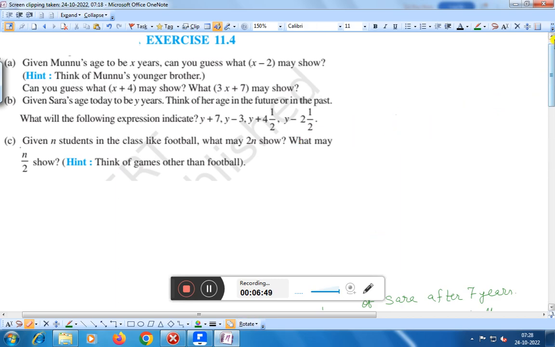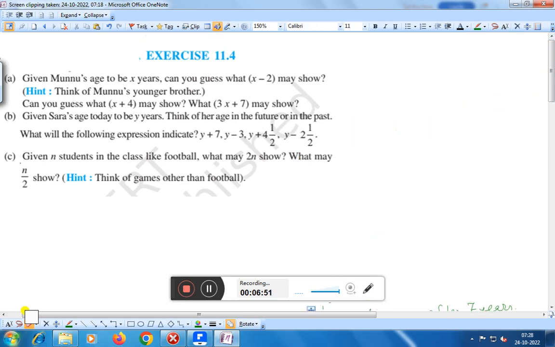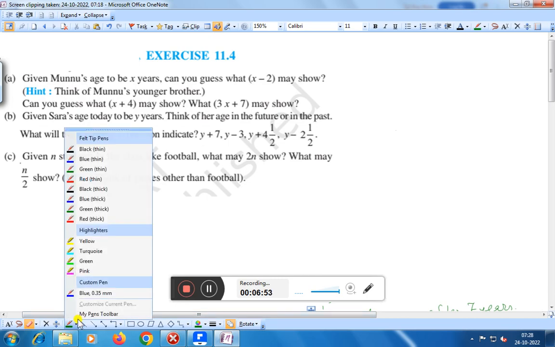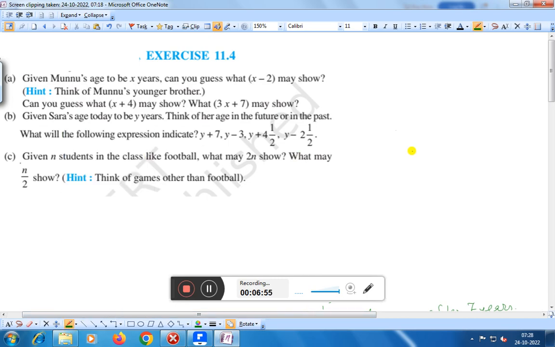Now question number C is, given any students in the class like football, what may 2n show? What may n by 2 show?